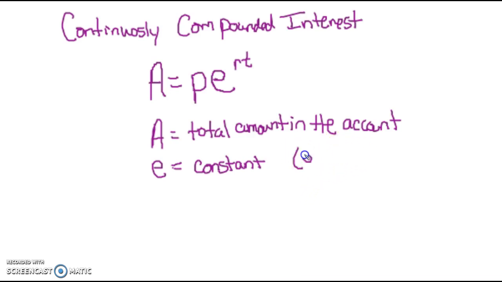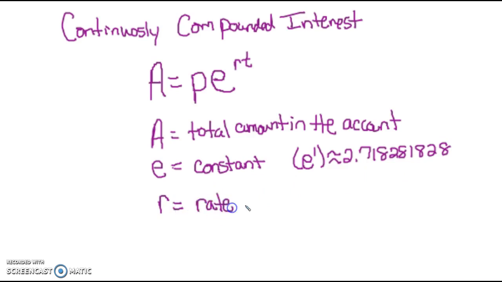Just a note, e to the 1 is approximately 2.71828182. It's another one of those crazy irrational numbers like pi. R is our rate as a decimal, so that doesn't change. And what do you think T is? Our time in years.